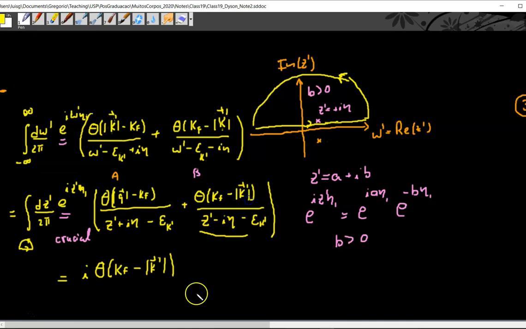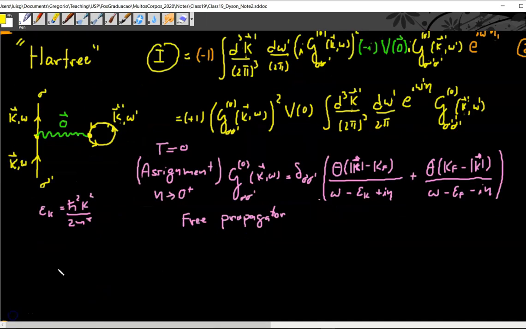All right, so that's the result for this integral, and now we can go back to our integral up there. Okay, so we're back to our expression. So we evaluated this integral here in omega and figured out this I times theta kf minus absolute value of k prime, and see what we're left with.